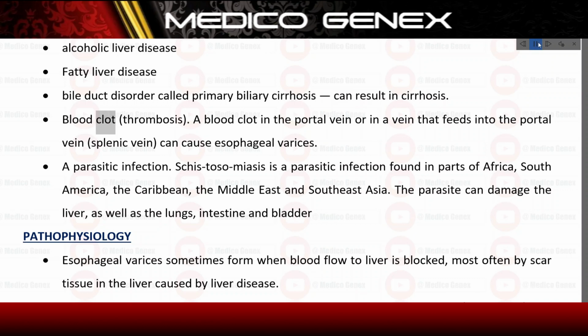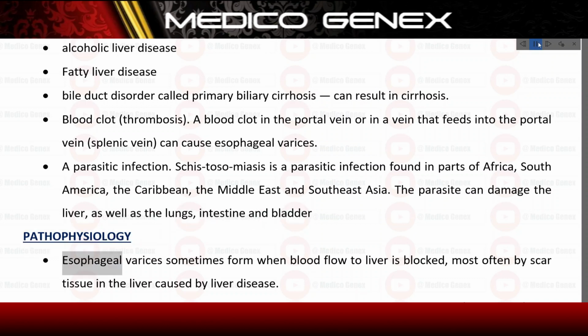Blood clot, thrombosis: a blood clot in the portal vein or in a vein that feeds into the portal vein, the splenic vein, can cause esophageal varices. A parasitic infection: schistosomiasis is a parasitic infection found in parts of Africa, South America, the Caribbean, the Middle East and Southeast Asia. The parasite can damage the liver, as well as the lungs, intestine and bladder.